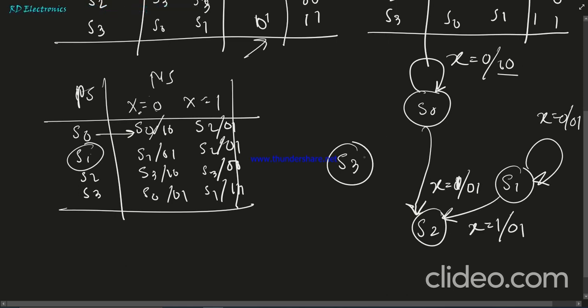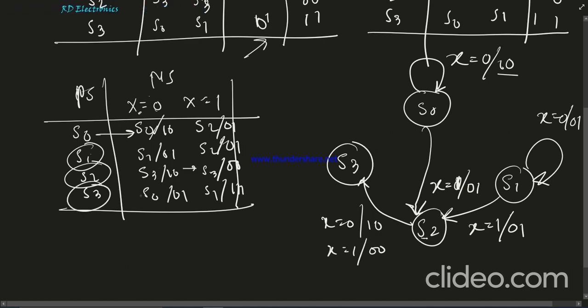Now the same for s2. What is the transition for x equal to 0? s3. What is the output? And again these are valid for both cases, because in both cases the transition is to s3.